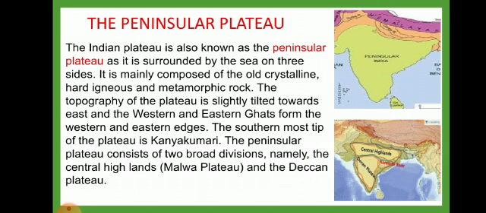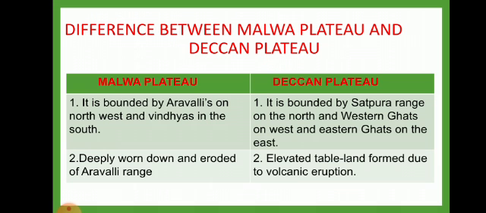The Peninsula Plateau consists of two broad divisions, namely the Central Highland Malwa Plateau and the Deccan Plateau, as you can see in the second map. Now let us see the difference between Malwa Plateau and Deccan Plateau.